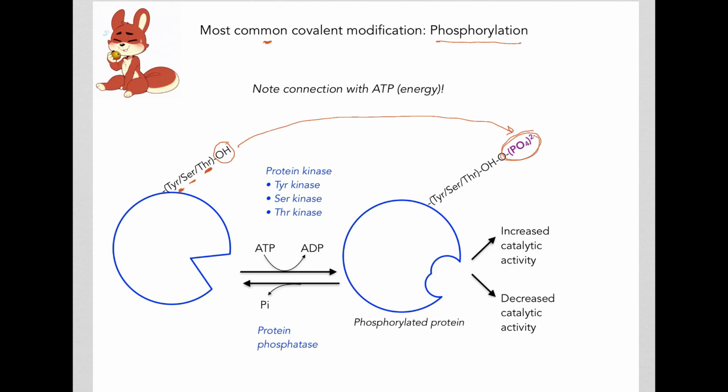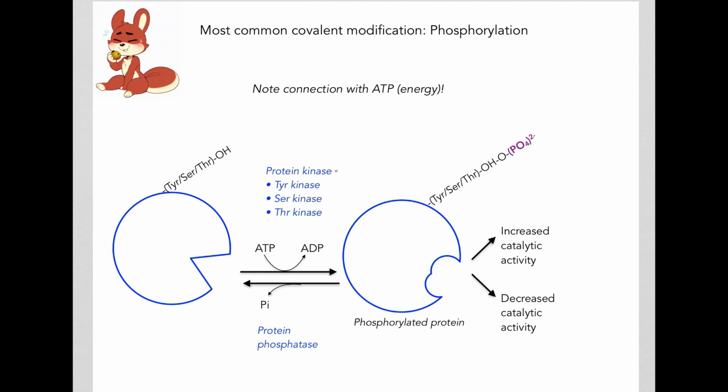This is called phosphorylation. This reaction between the protein or enzyme and ATP gives us ADP and the phosphorylated protein, and it is carried out by enzymes that we call protein kinases.